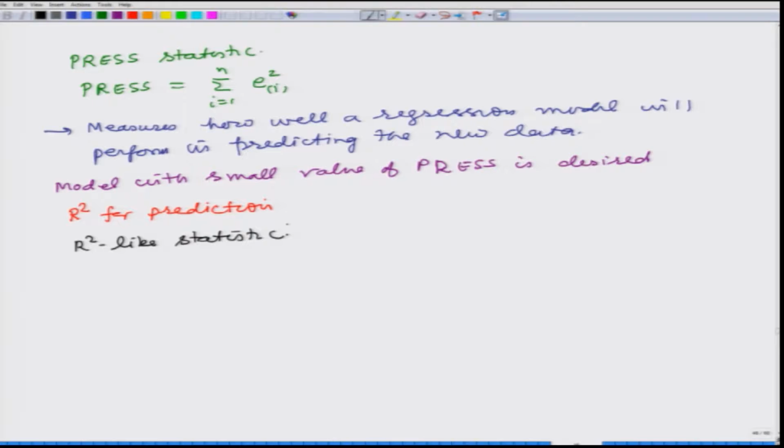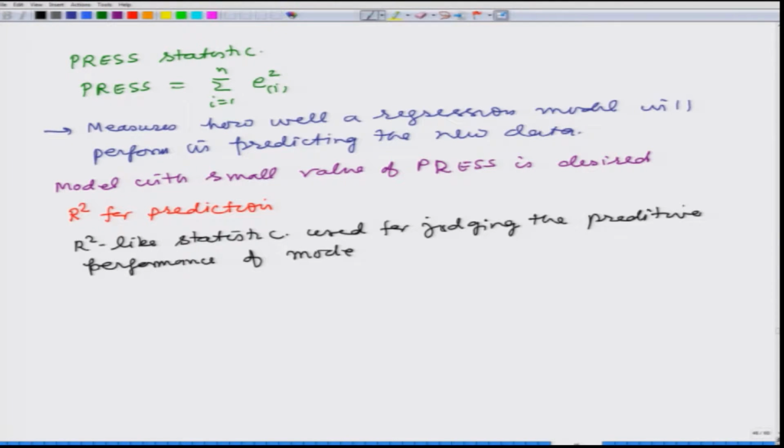which is used for judging the predictive performance of the model, and this is defined as R square prediction.